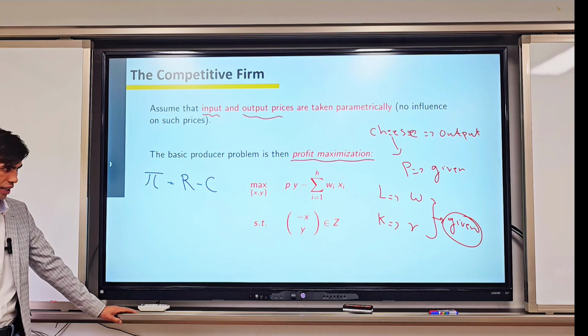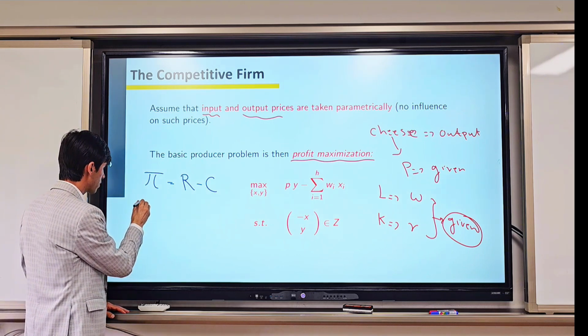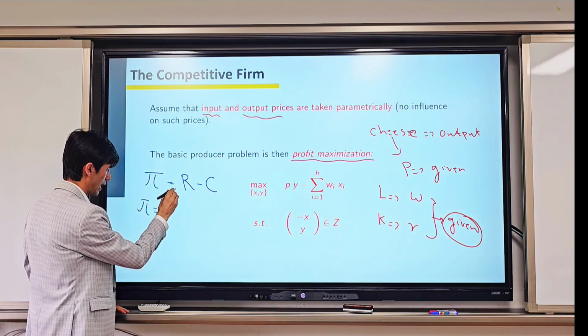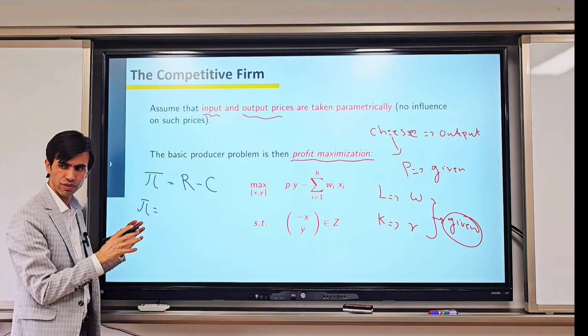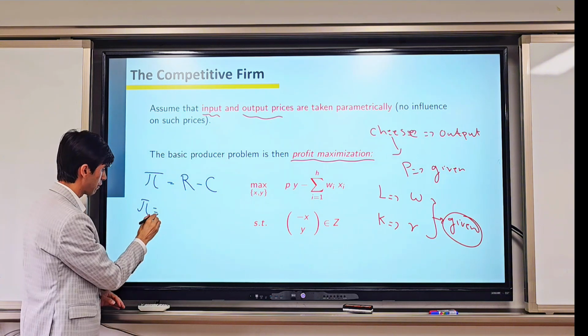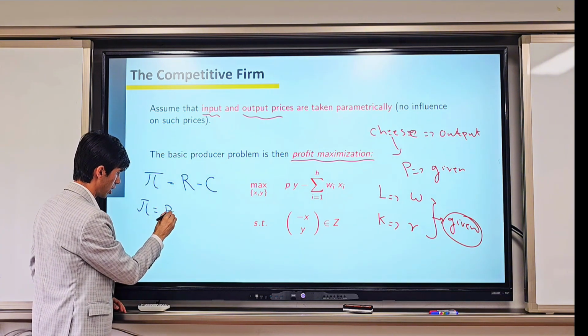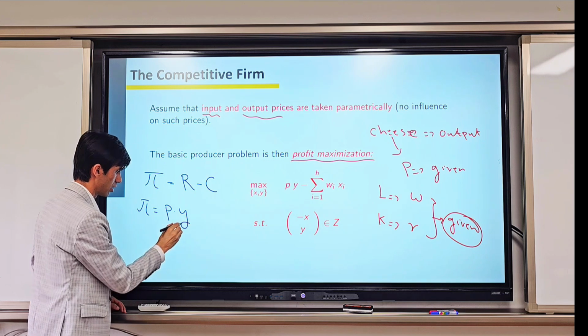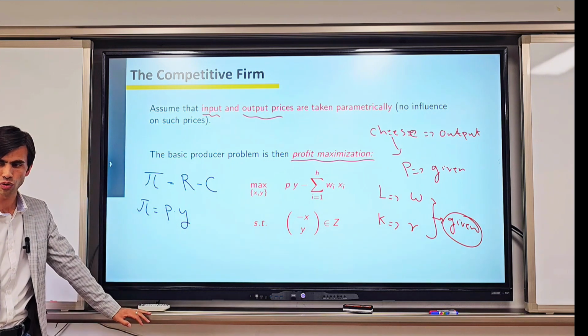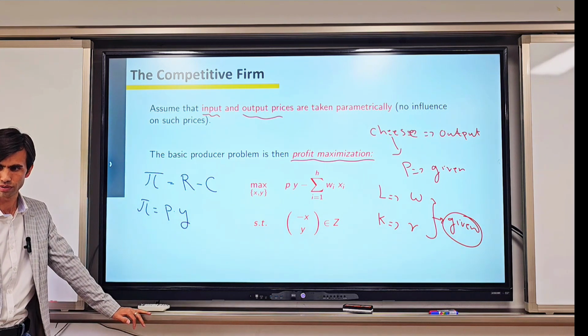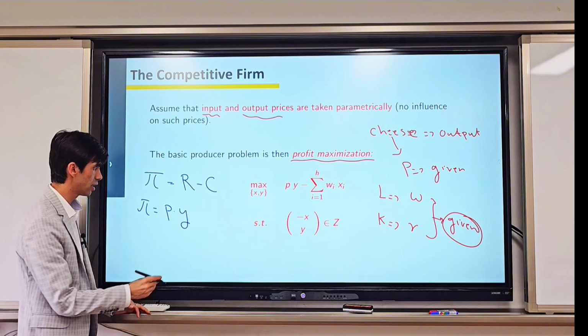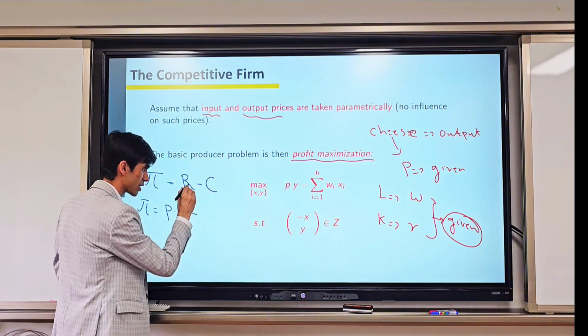How can we find the revenue? Revenue is the price multiplied by the quantity of output. What is the cost then?